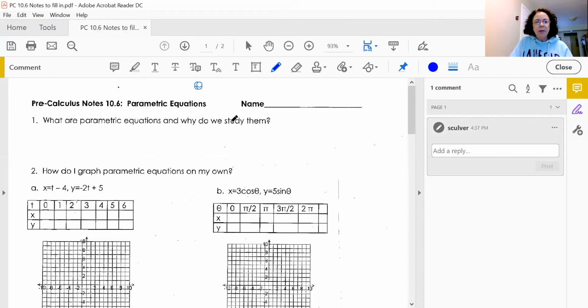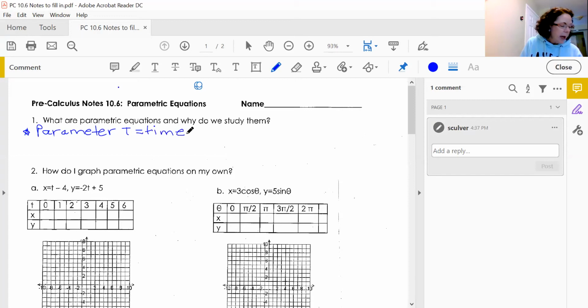They have a parameter of T, meaning time, and X and Y are dependent on time.